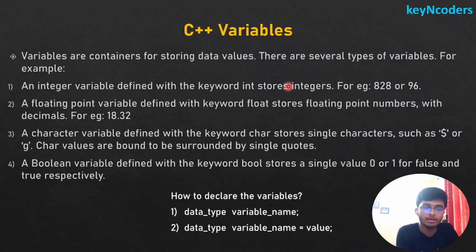A variable can be an integer variable defined with the keyword int that stores integers. An unsigned integer can store anywhere between 0 and 2 to the power 32 minus 1, but a normal integer ranges from minus 2 to the power 31 to 2 to the power 31 minus 1.